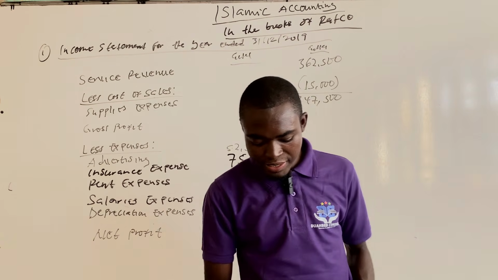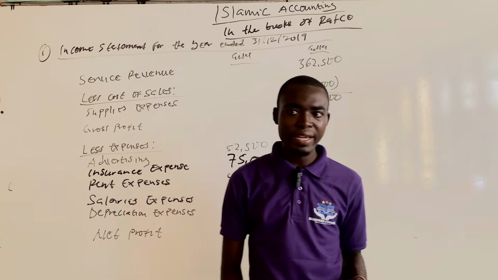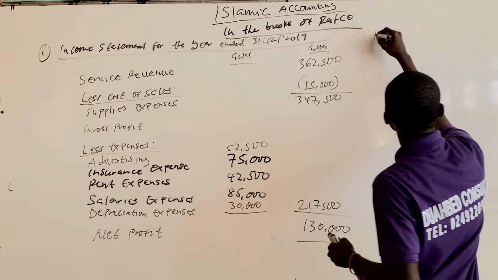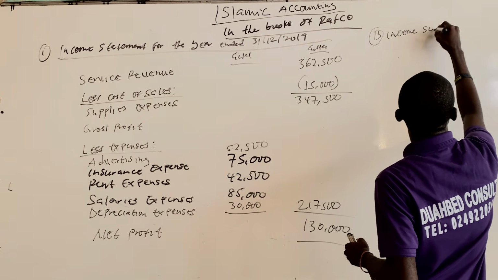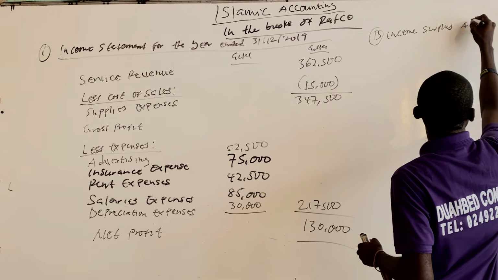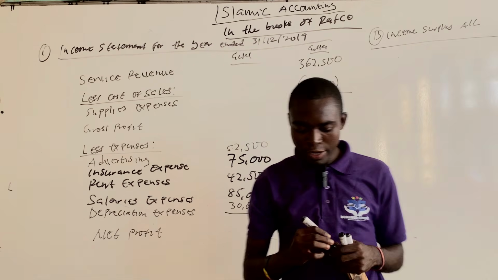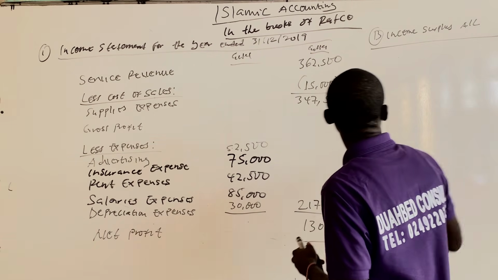So the next requirement is to determine the retained earnings balance that should be recorded in the balance sheet statement. That's the income surplus account. You start by recording the opening balance that was given to you in the trial balance.